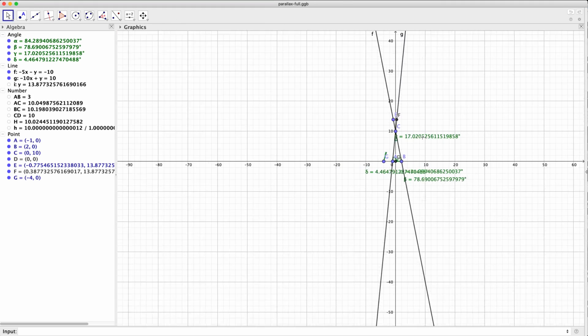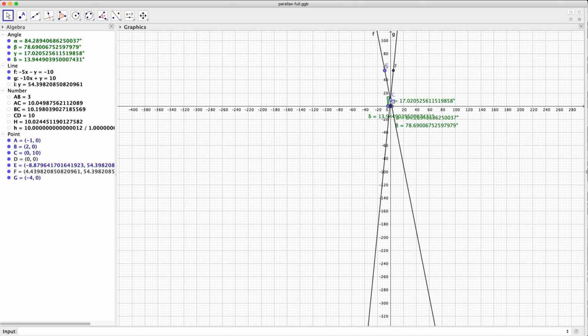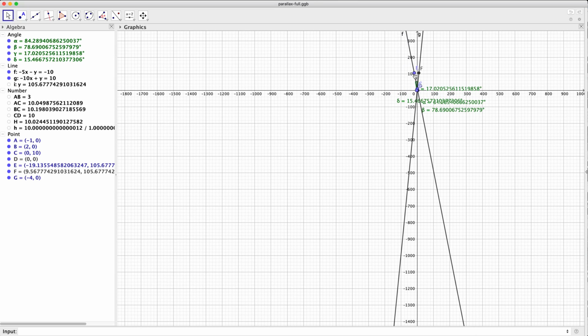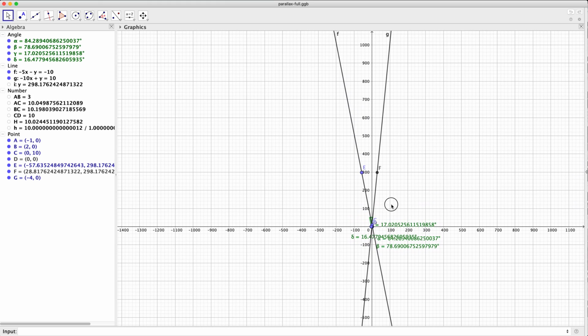Well, okay, let's scale this guy out. What happens as I move the distance part? Remember, this is thousands of times distant from where C is. Oh, look at what that angle delta is doing. It's getting closer and closer to 17. We're now 300 places away from where the other points are, and now 16.5.